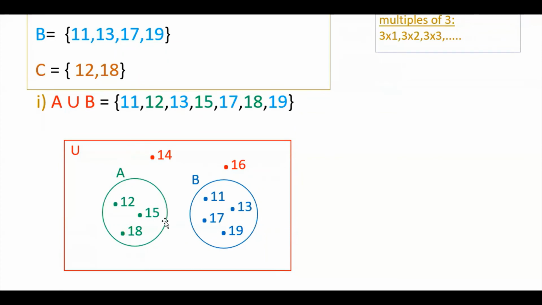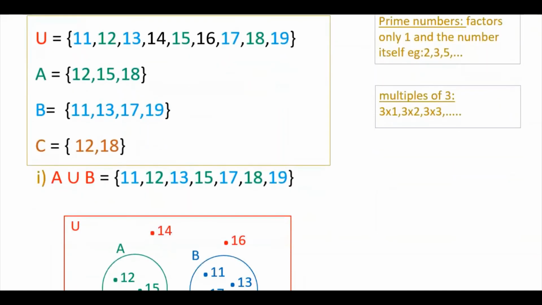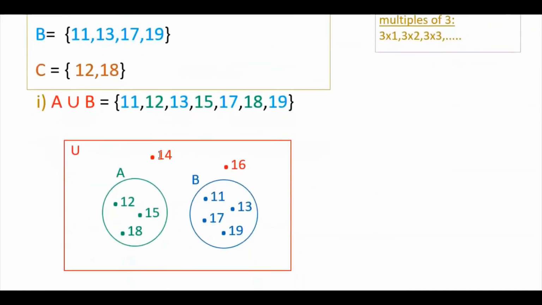Now this is A set and this is B set. In the universal set, except these elements, you can see 14 and 16, so you have to write those elements here, 14 and 16. So this is the Venn diagram for A union B.